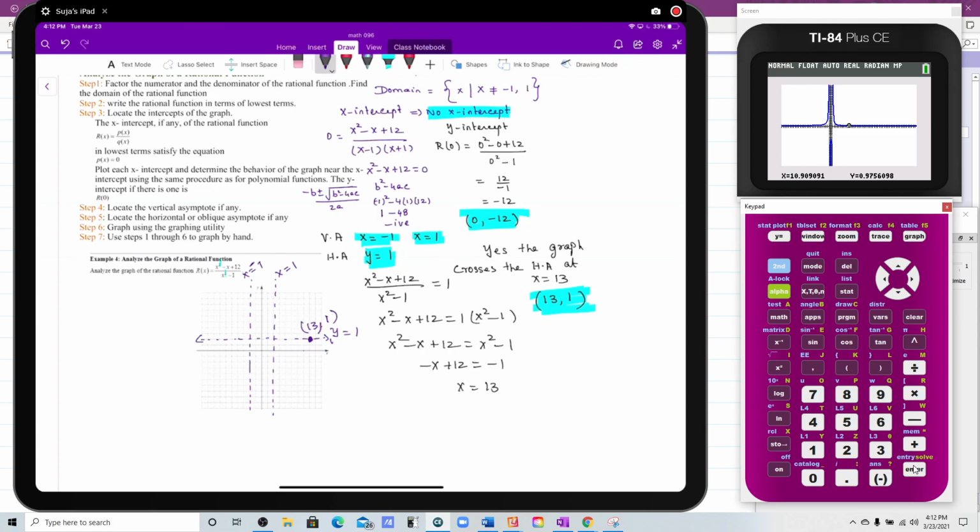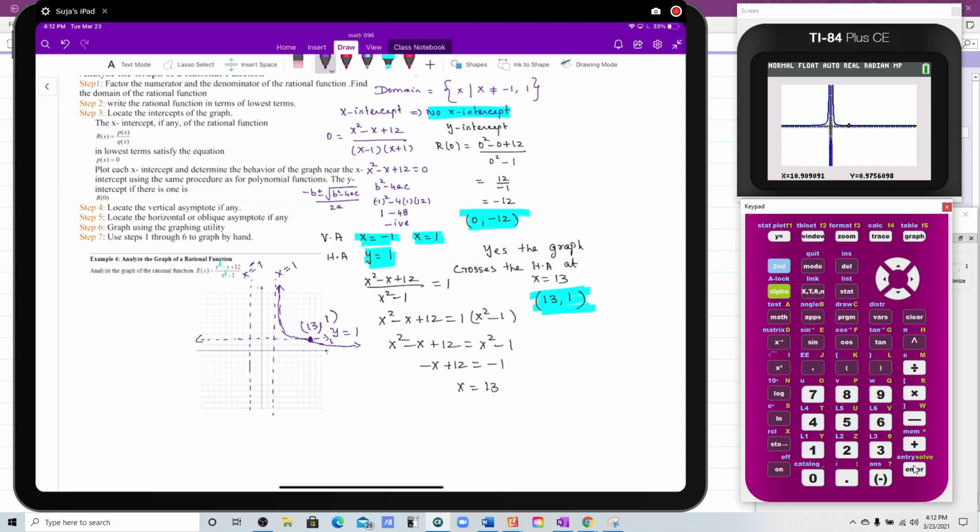So the graph is coming down. As I know, it's never going to cross my vertical asymptote, but it's going to come and cross my horizontal asymptote. But then it's going to go closer and closer to the x-axis, but it's never going to touch the x-axis because there is no x-intercept.